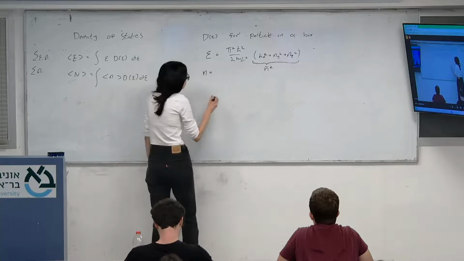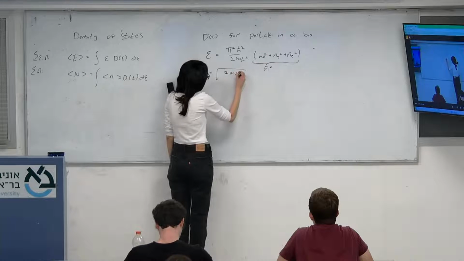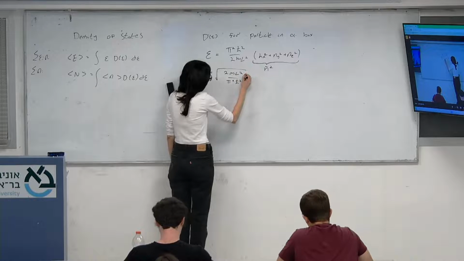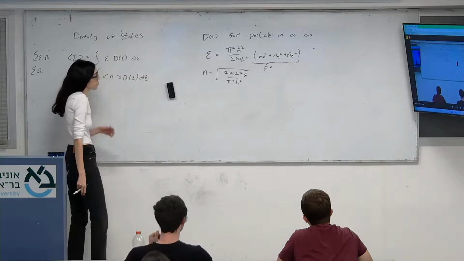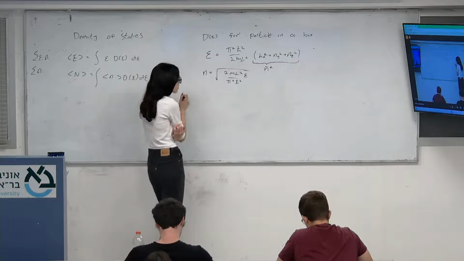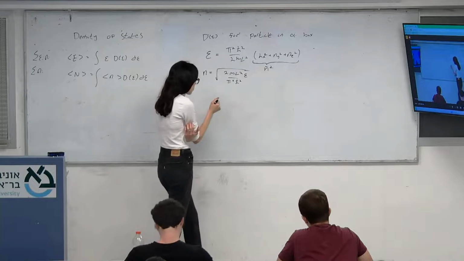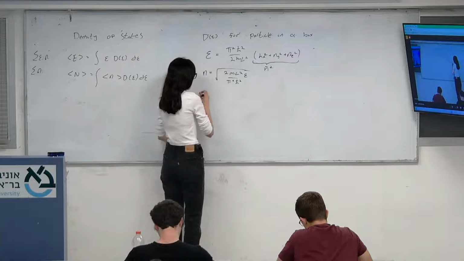And then n is going to be equal to the square root of 2m L squared epsilon, over pi h bar.